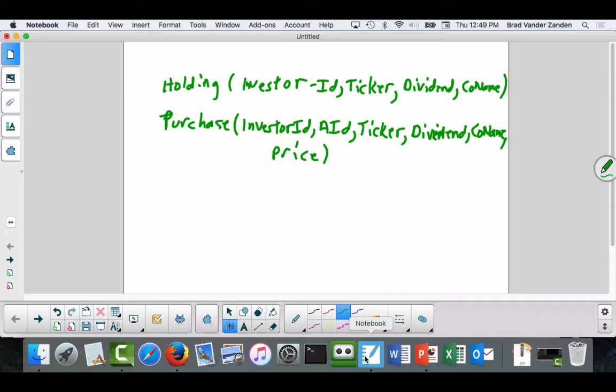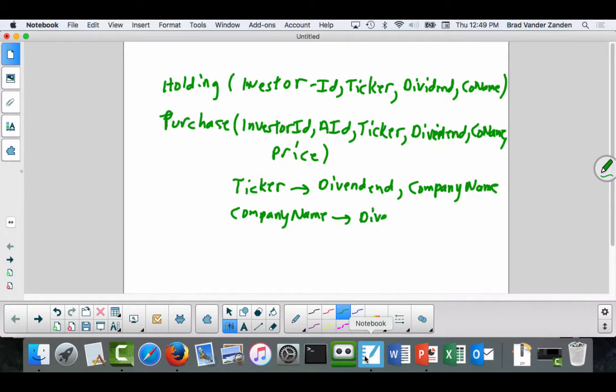Okay? And it should occur to you that in some sense, the stock's ticker symbol probably determines the dividend and the company's name. And probably the converse, the company name probably determines the dividend and the stock's ticker symbol.